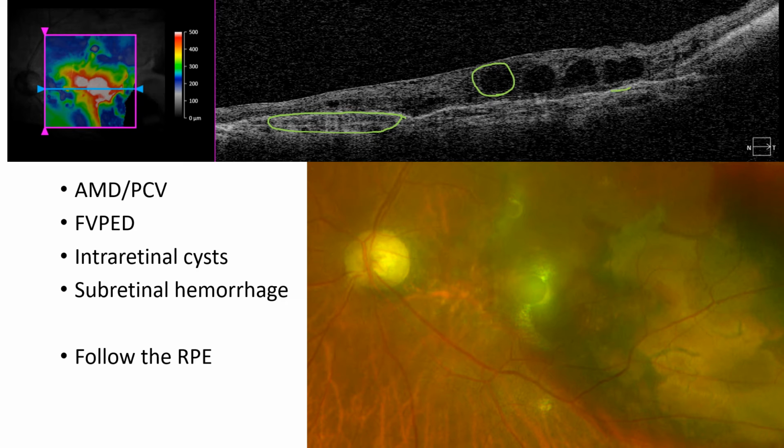Again, if you trace the RPE, it's here, and then it disappears in the shadow of the hemorrhage. The hemorrhage is this area. And that's seen in the color photo beneath.